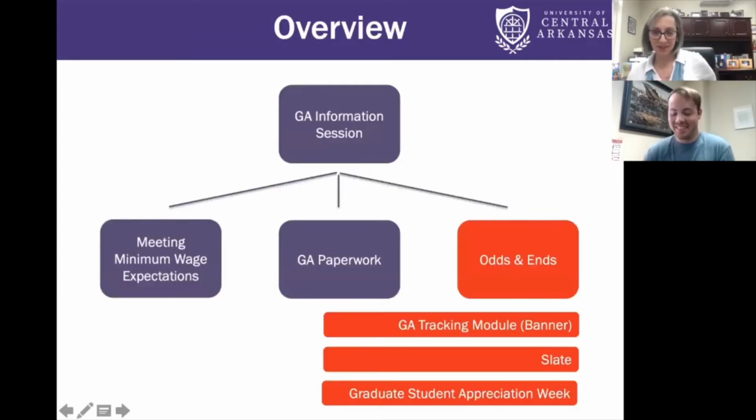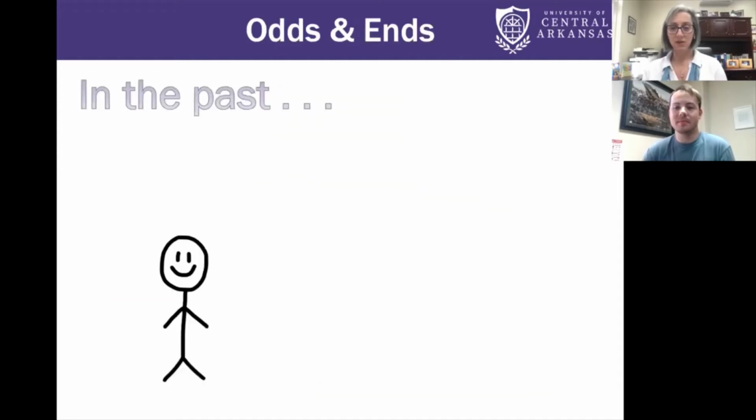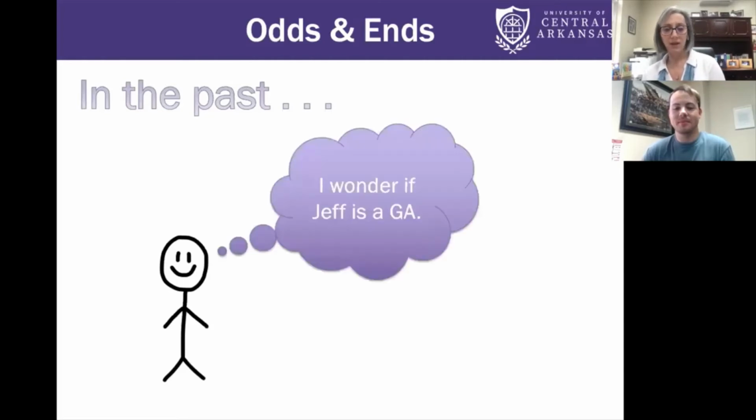So now we're down to odds and ends. These are just some things that we want to take advantage of a moment that we have together to share, some of the things going on here in the graduate school that affect your work. So in the past, and that person is you, the program coordinator or the administrative assistant, you might have had a question, something like, I wonder if Jeff is a GA.